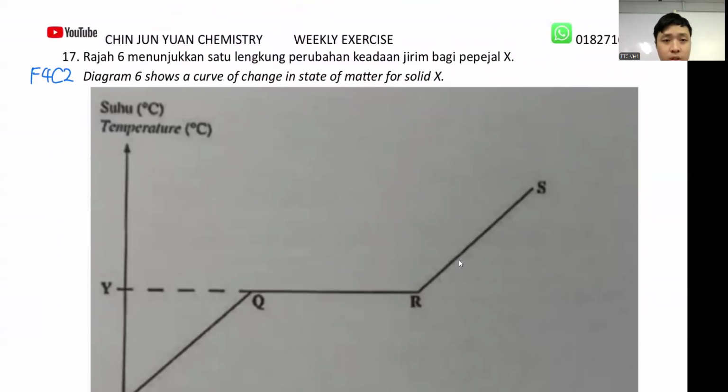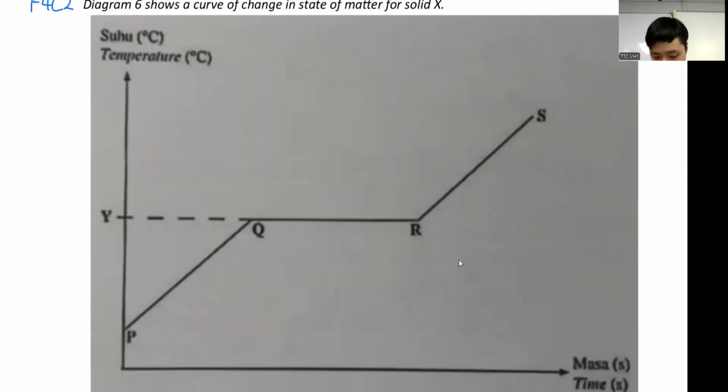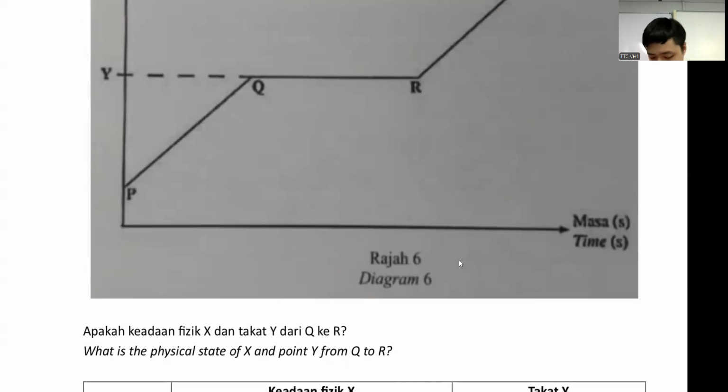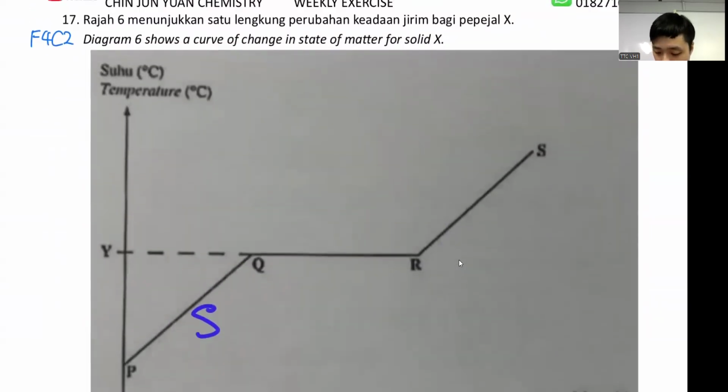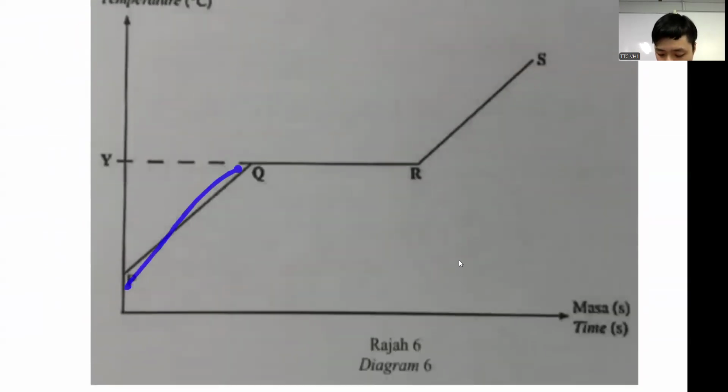17. Form 4 chapter 2. Diagram 6 shows a curve of change in state of matter for solid X. So this is obviously heating, right? Pemanasan, heating, melting. It is solid, going upwards, of course is melting, peleburan.